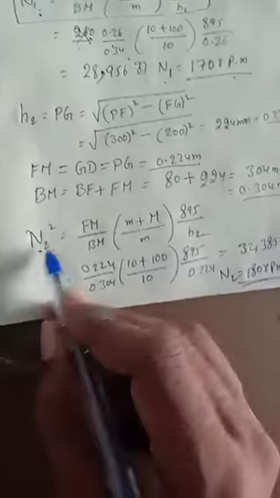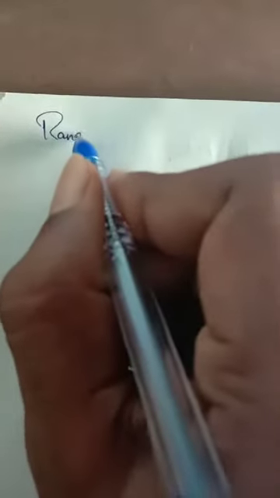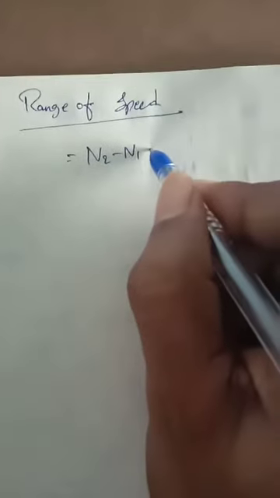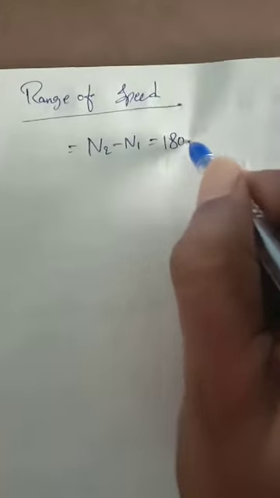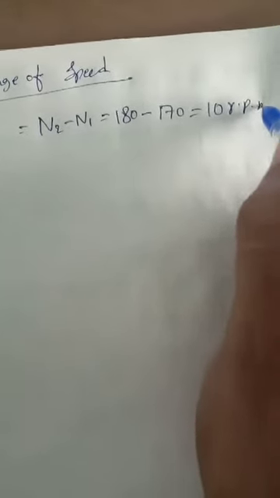N2 is equal to 180 rpm. Now we are going to see the range of speed. The range of speed is equal to N2 minus N1, that is equal to 180 minus 170, that is equal to 10 rpm.